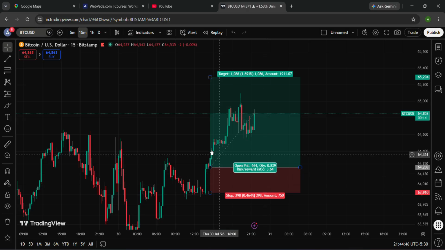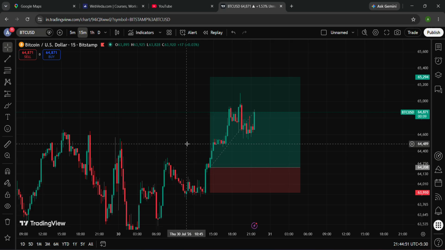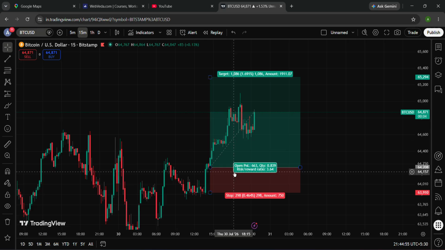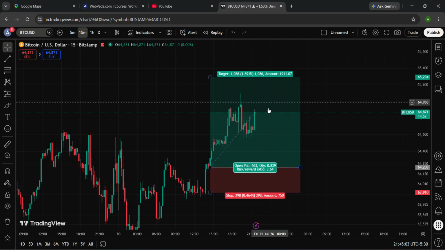If I explain in simple language, if you are willing to lose 1 rupee, and if your SL is hit, then you will lose your 1 rupee, and if your target is hit from the buy side, then you will earn 3.64 rupees. That is how the risk to reward ratio works, and you will see the open PNL, positions, quantity, and all of those things. So basically that was the main thing.